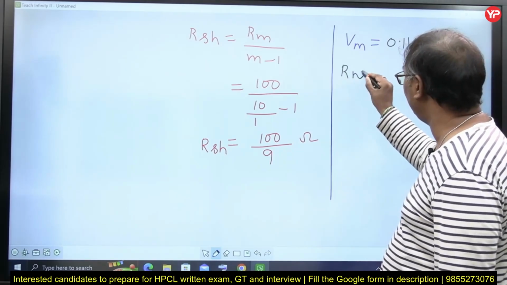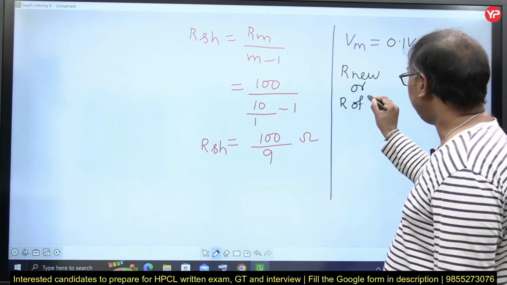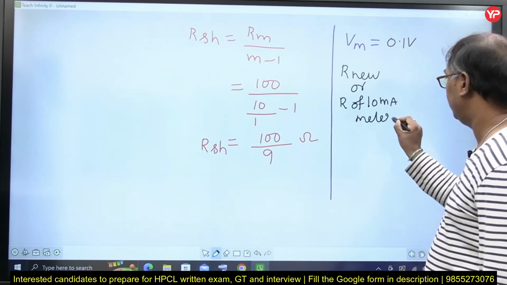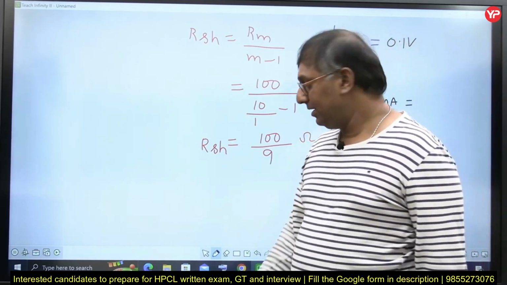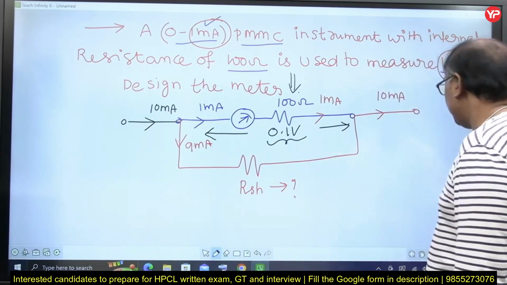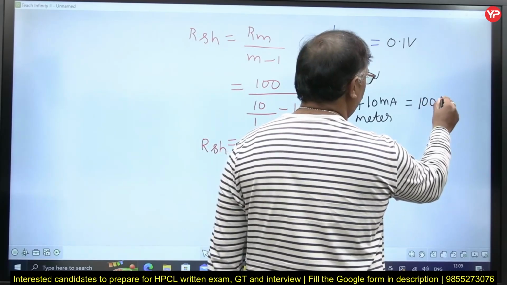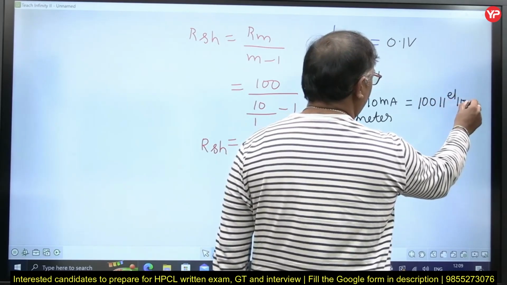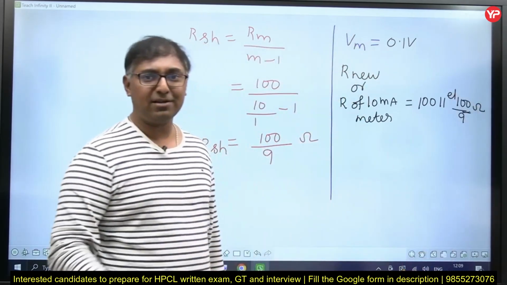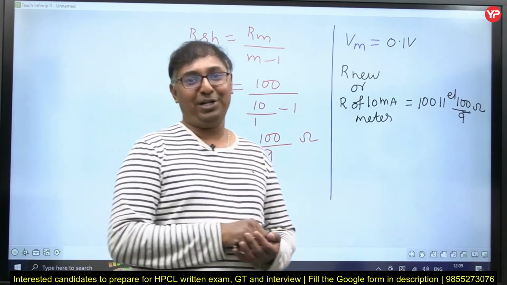How are these two connected? In parallel. So 100 parallel RSH, which is 100 by 9 ohms. Just calculate, and you will get the answer.